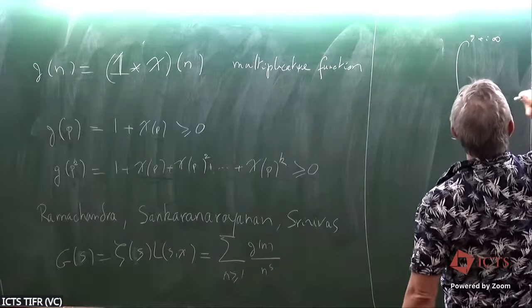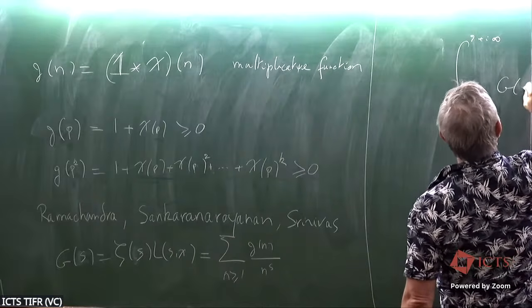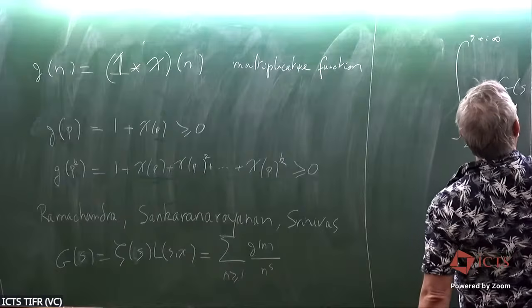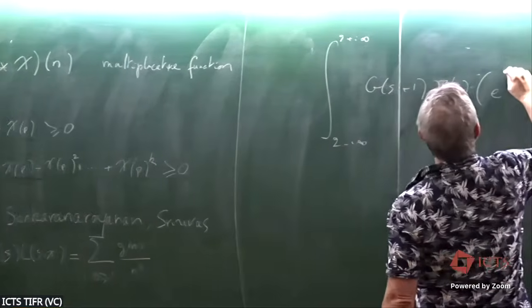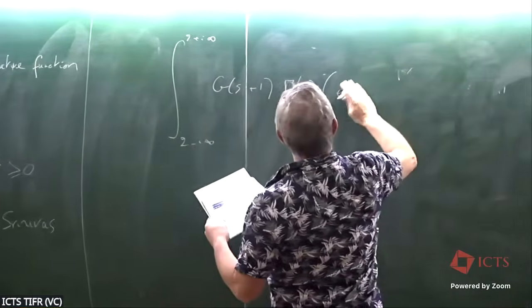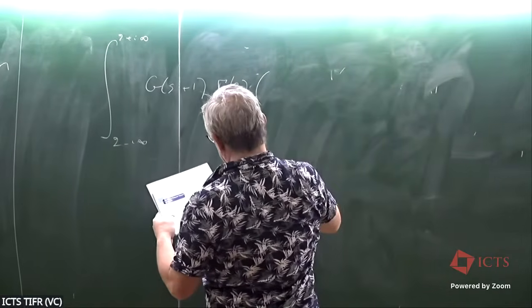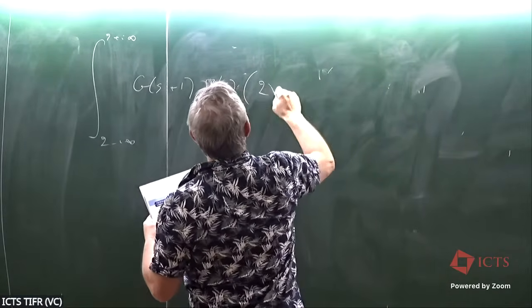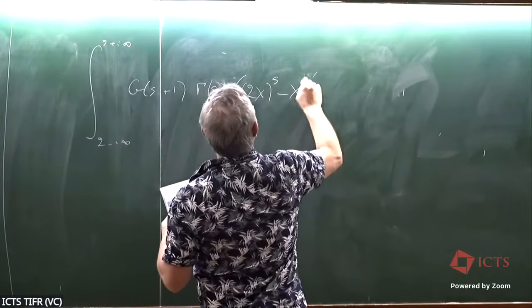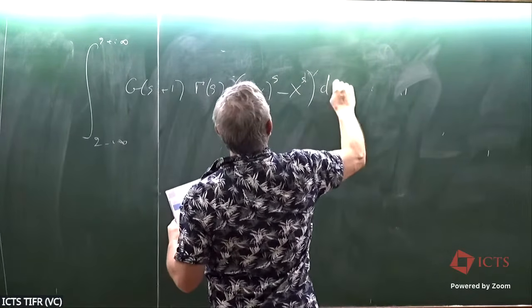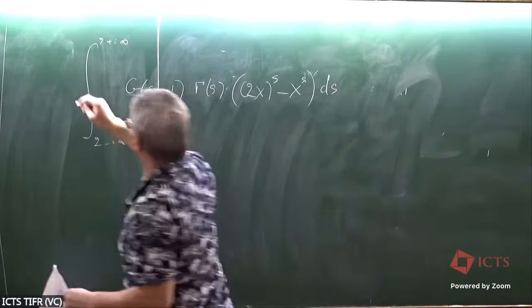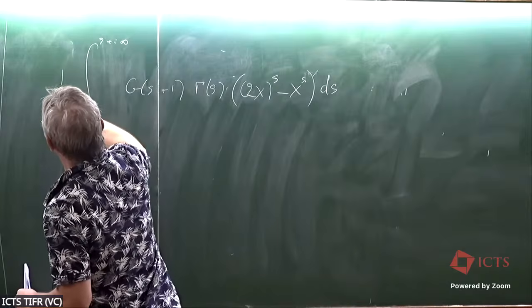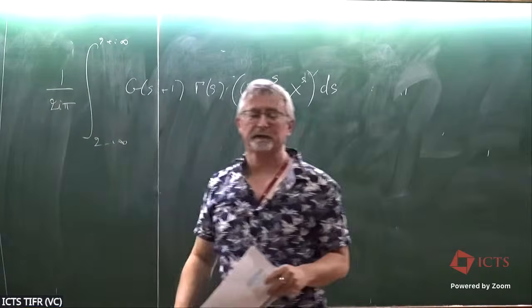So we look at G of s plus 1, gamma of s, e to the x by s to 2x, s minus x s ds. And you put 1 upon 2 pi because you want to shift your integration.